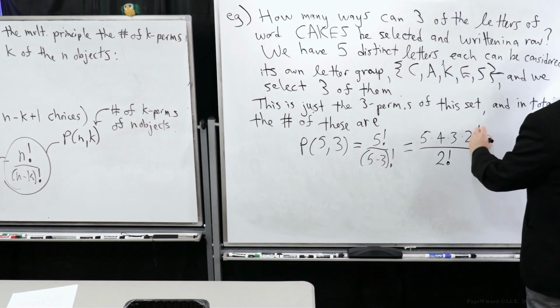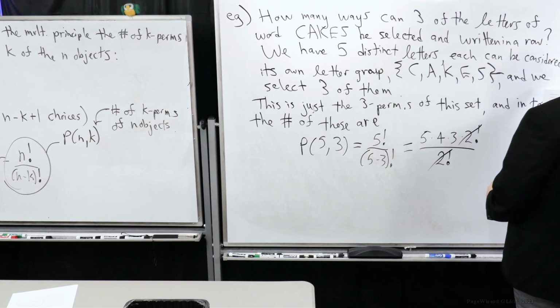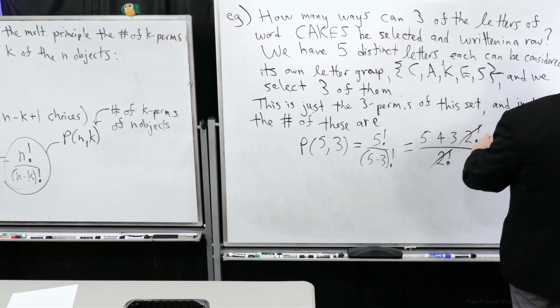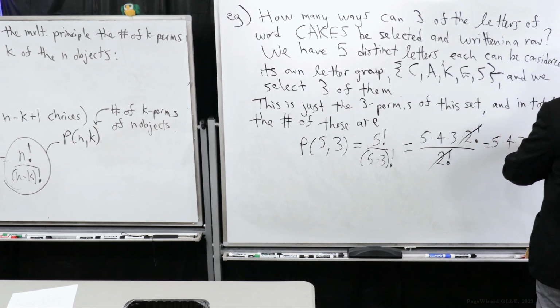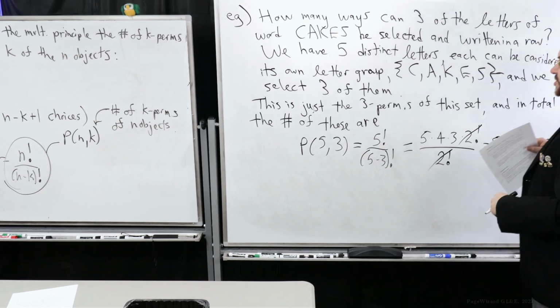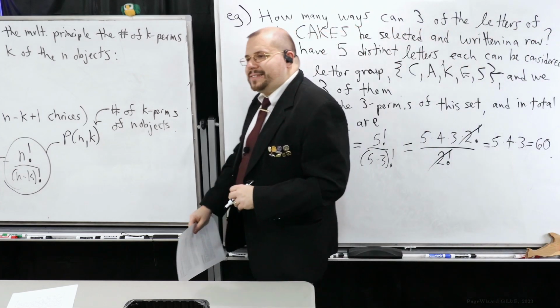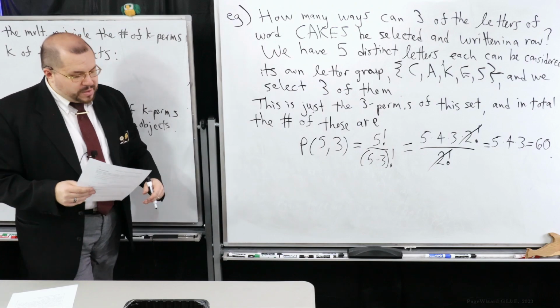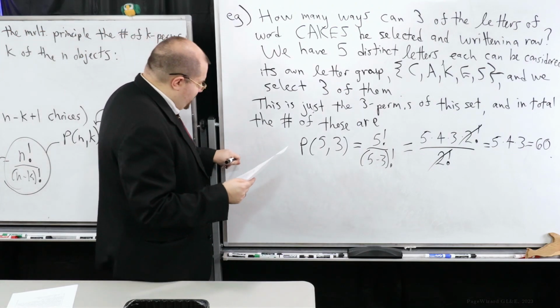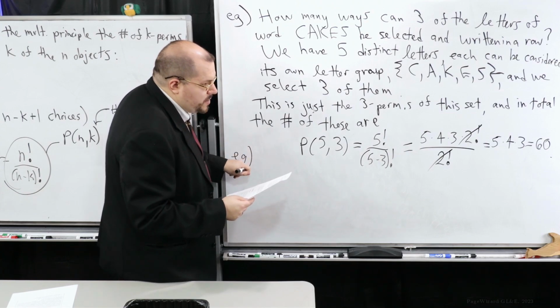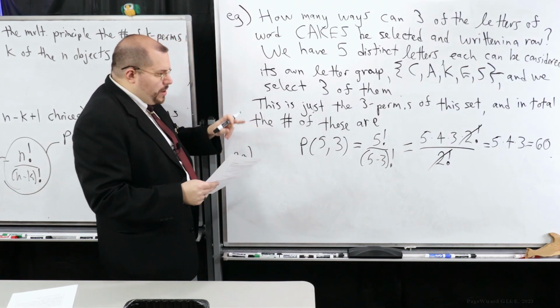So the 2 factorials cancel, and I end up with 5 times 4 times 3, which equals 60. Because 5 times 4 is 20, multiplied by 3, that's 60. Hopefully that is clear, everybody, where I got 60 from.